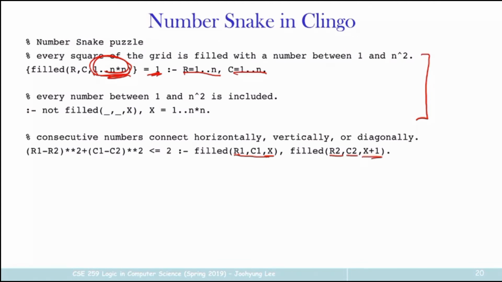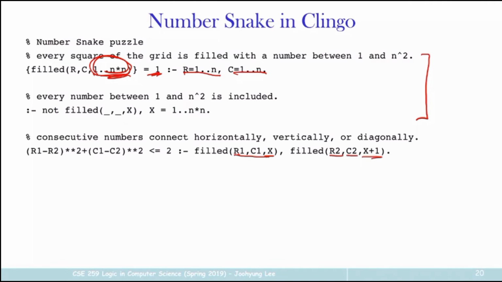These are the two consecutive numbers. What we want is that the R1, C1 position and the R2, C2 position should be connected either horizontally, vertically, or diagonally. And there's one single equation that tells you how to do that. This one.